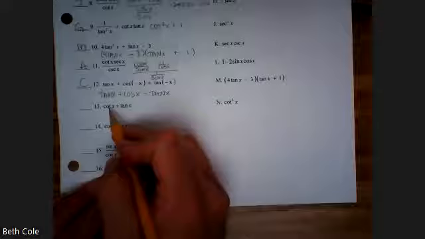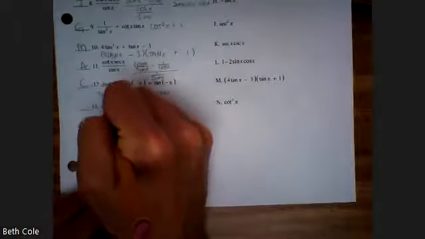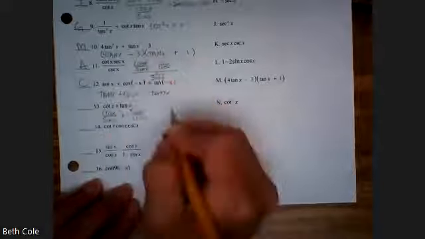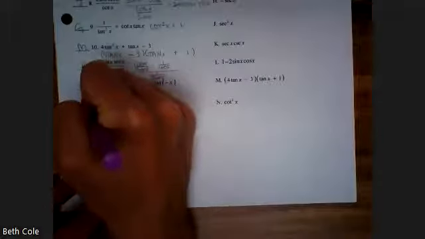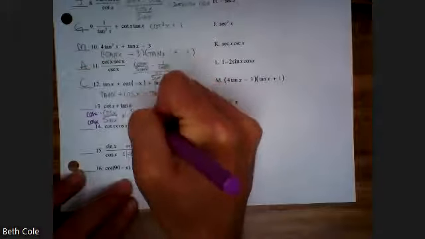Here, I'm going to rewrite cotangent as cosine over sine and rewrite tangent as sine over cosine. Now, to add this together, you need a common denominator, which is going to be sine cosine. So this one needs to get multiplied by cosine, and this one needs to be multiplied by sine.